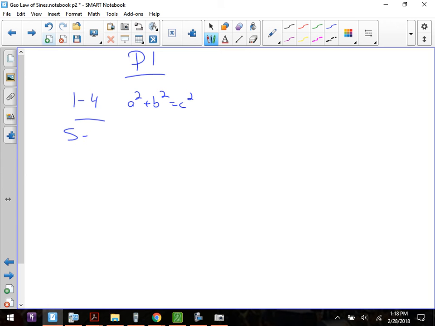After that, it's your specials. And you have to know these ratios. There are a lot of bits and pieces of things here that you have to be able to do.